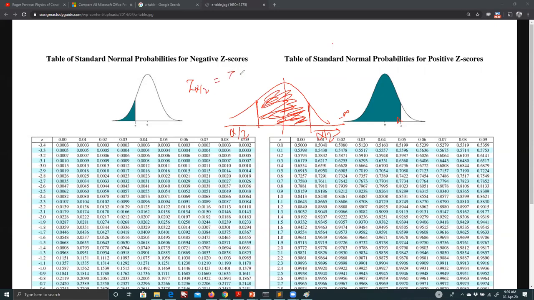Rather than trying to find z 0.2, why don't I focus on z 0.1? So how do I get z 0.1? That means how do I get z at 90%? Simple, I will do the same thing. I will look in this data where the first 90 will appear. Here.